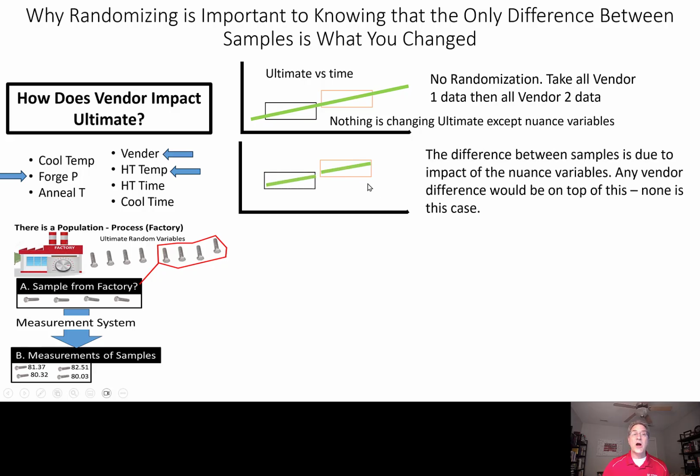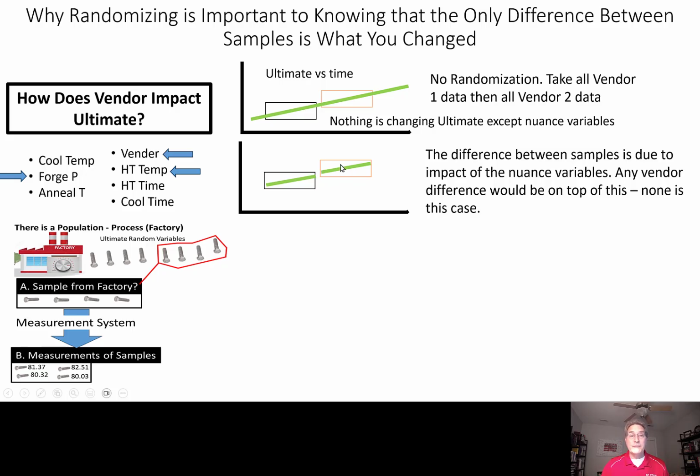So if we pulled out the samples that we took and graphed them, it's going to look like this. Not because vendor 2 mattered. Remember, nothing changed. Ultimate only changed because of these nuisance variables. It is higher because of how we sampled and because things were changing over time. The difference between samples in this graph is due to the impact of nuisance variables.